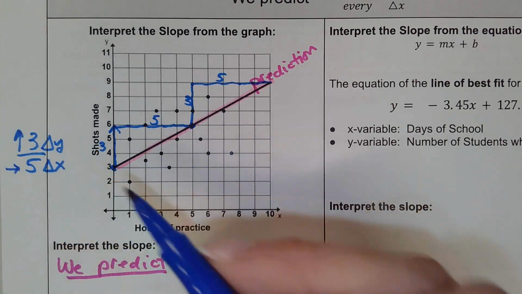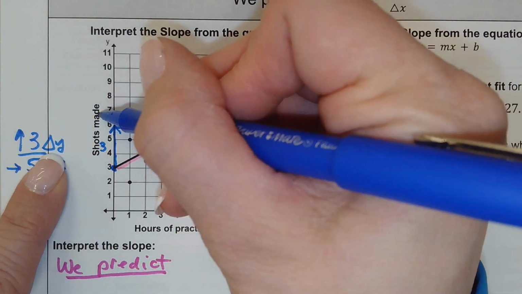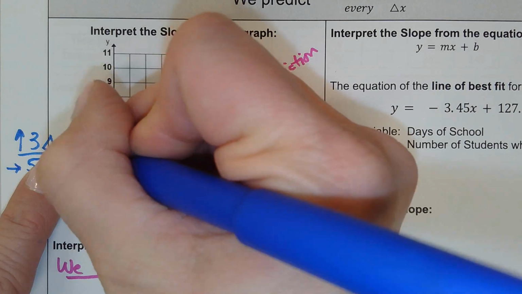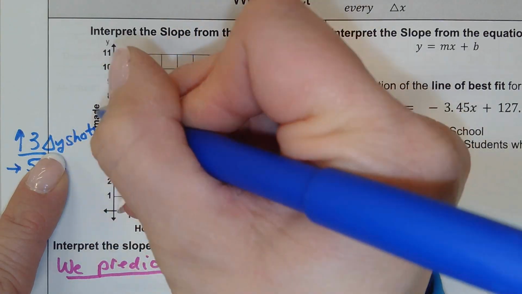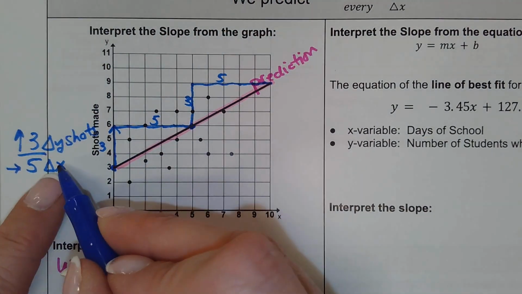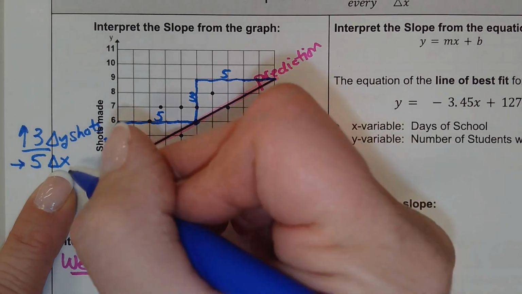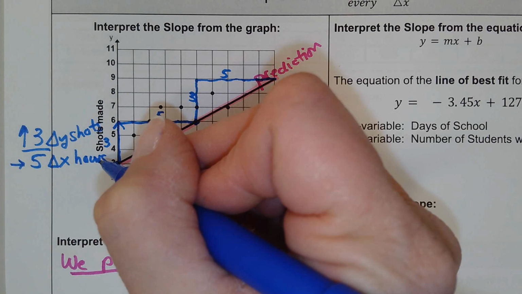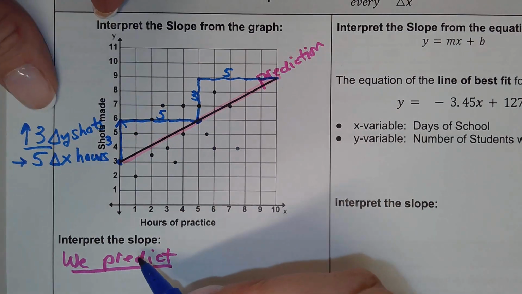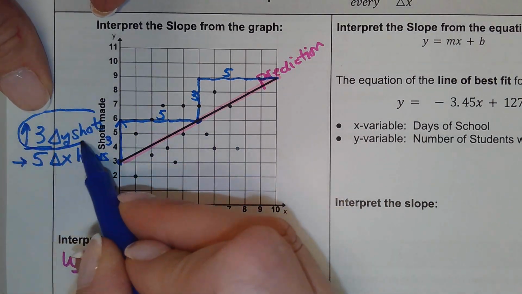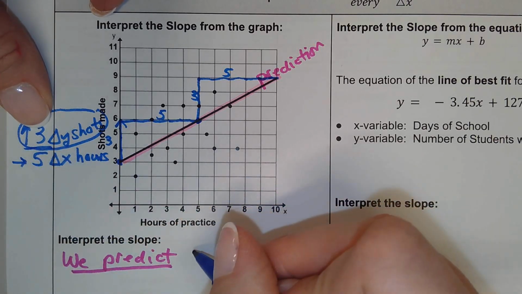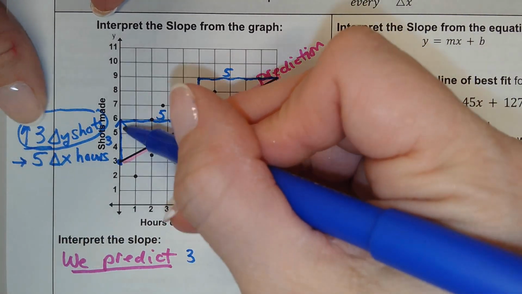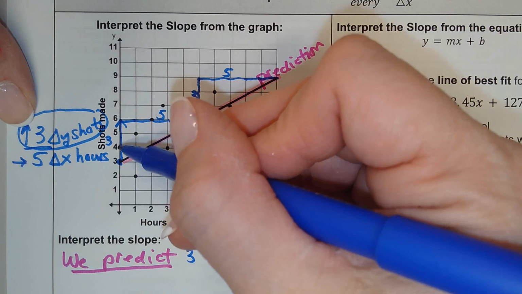Now let's look at the graph to get the words. The y words are the shots, how many basketball shots they made, and the x words are the hours of practice. So let's predict the slope. The top number is 3. Is it more or less? 1, 2, 3.